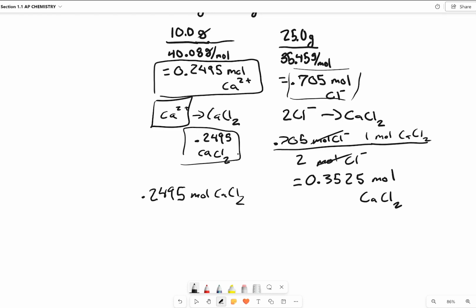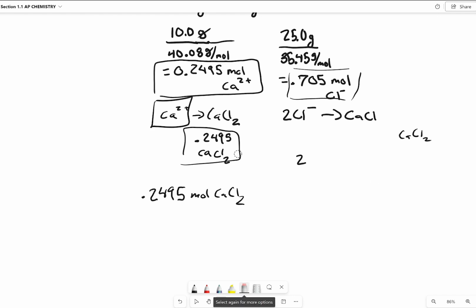Times the molar mass of calcium chloride. The molar mass of calcium is 40.08, and the molar mass of 2 chlorides is 35.45, so we do 40.08 plus 2 times 35.45. We get 110.98 grams per mole.